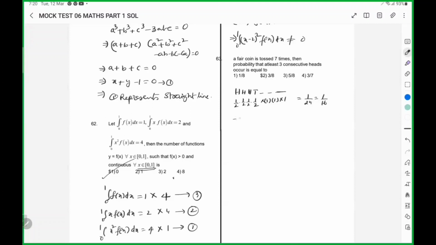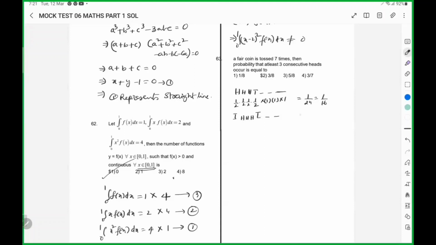Other possibility, we can get head 3 times in the second, third, fourth attempts. Here tail, because the first time getting head we already discussed. Here also tail. What will happen if we replace with head? We get 4 consecutive heads. That we'll discuss later.